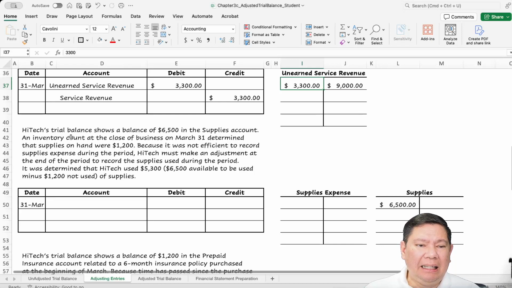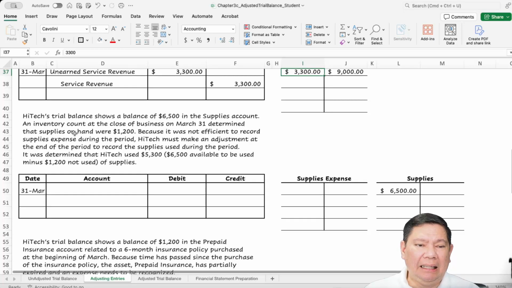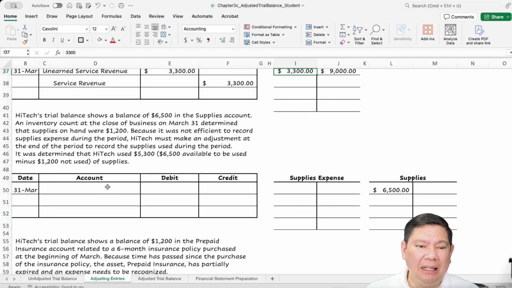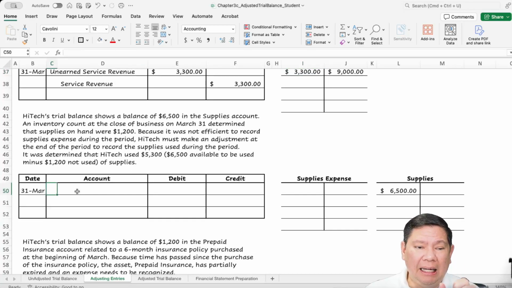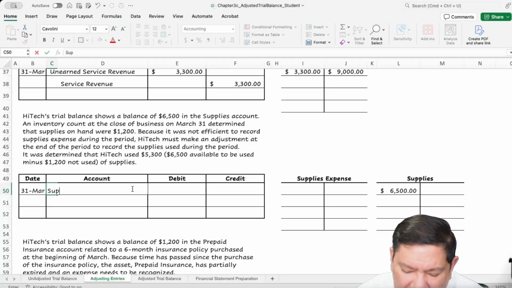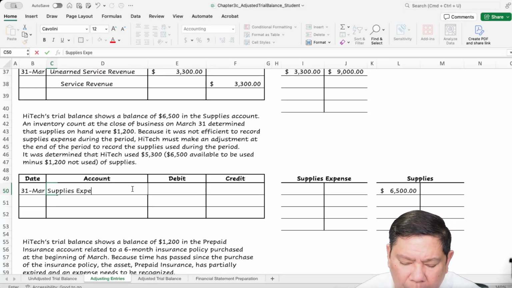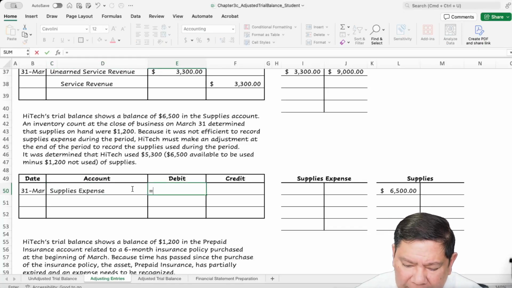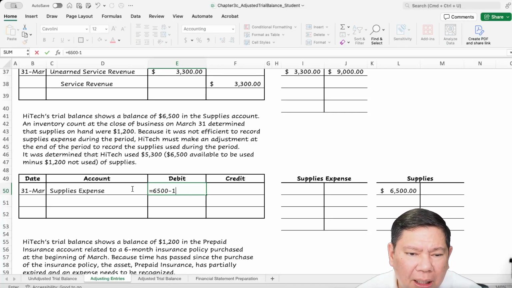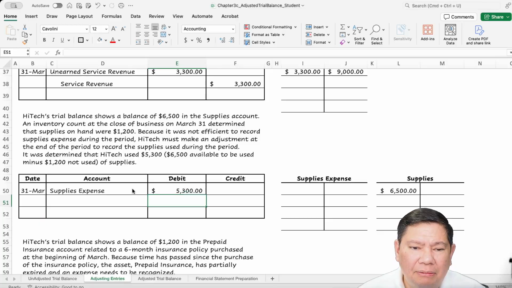Okay, ITE's trial balance shows 6,500 in supplies. At the end of March, they did an inventory count and found only $1,200. Okay, so the difference is the supplies that have been used, and that's going to be recognized as a supplies expense. Equals 6,500 minus 1,200, 5,300 is the expense.